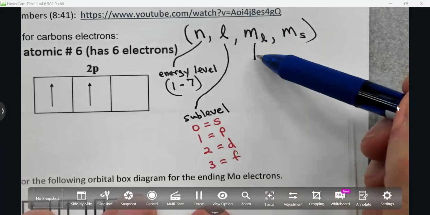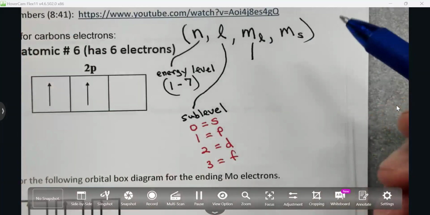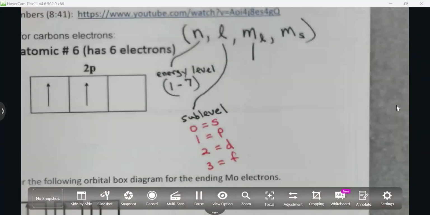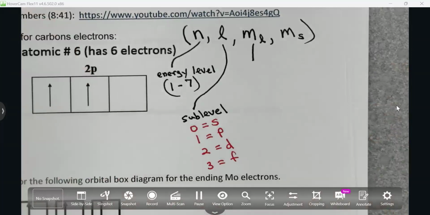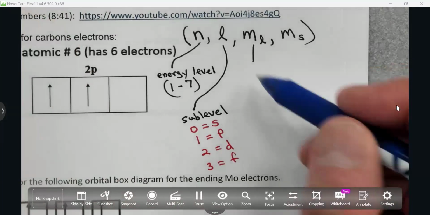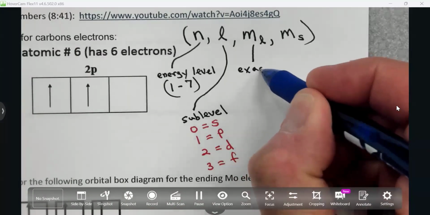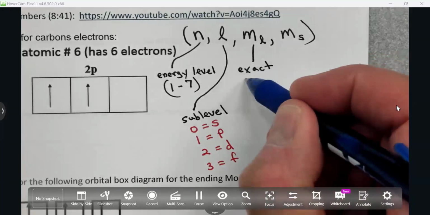This third number really tells you the orientation in space. There are 3 different dumbbell shaped P's, right? One of them is along the X, one along the Y axis, one along the Z axis. It's just the orientation in space, but it really tells you the exact orbital.